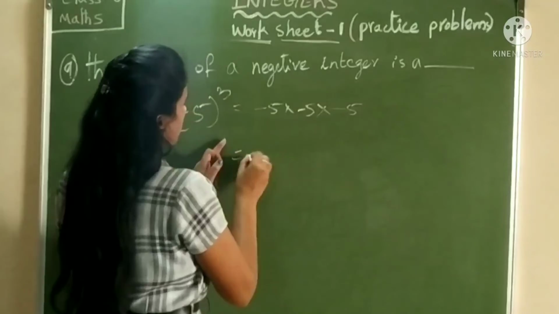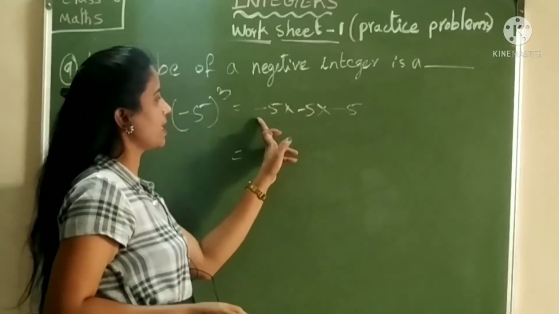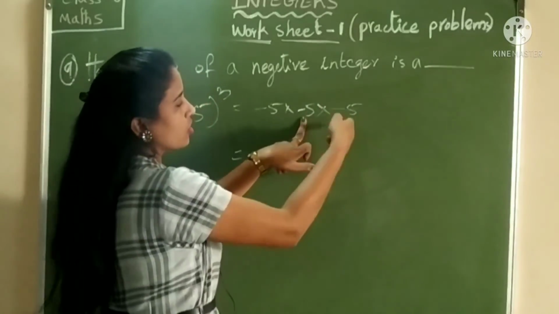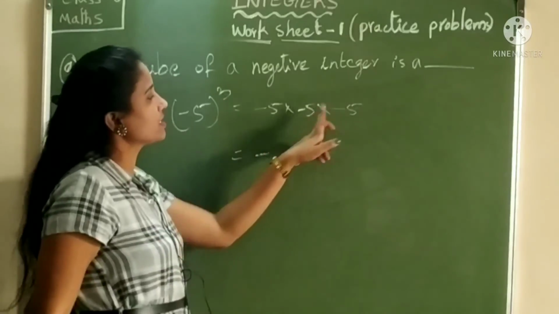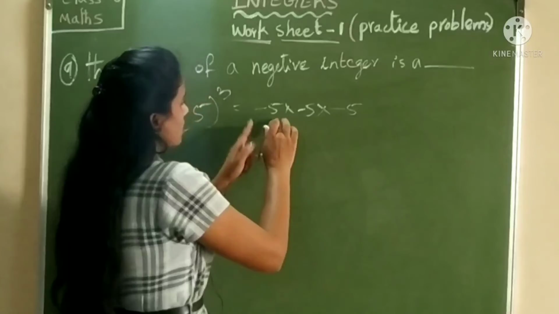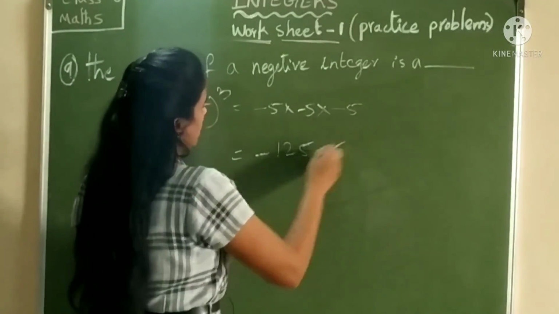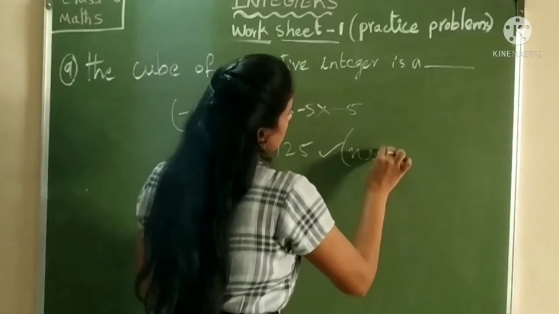Minus into minus is plus, plus into minus is minus. 5 fives are 25, 25 fives are 125. So we got minus 125, a negative integer.